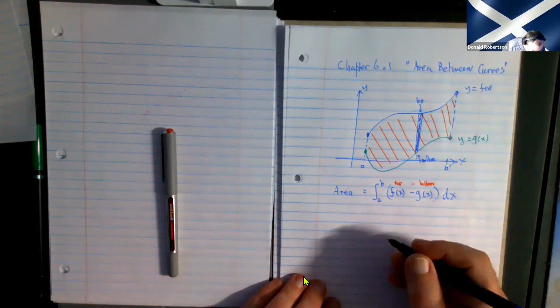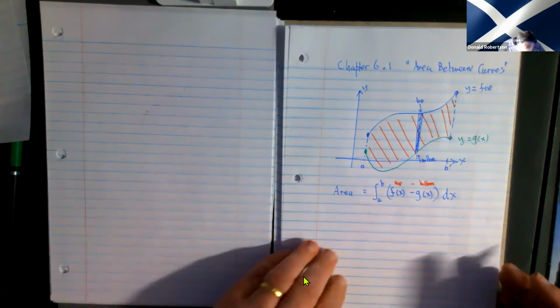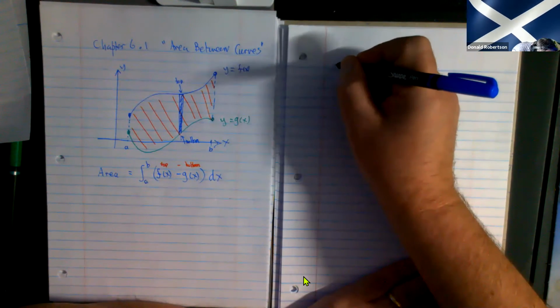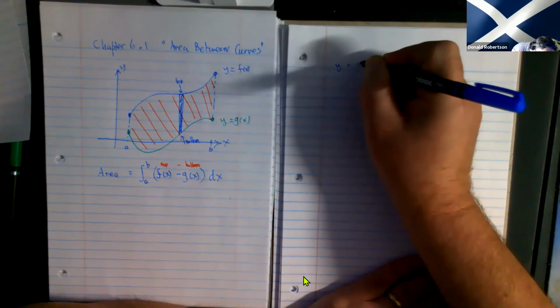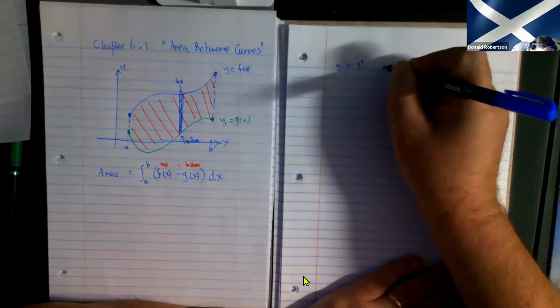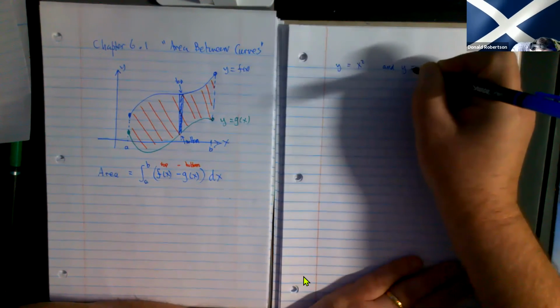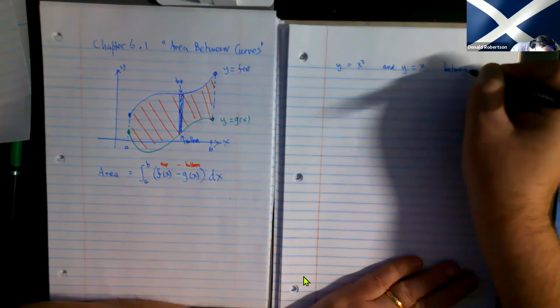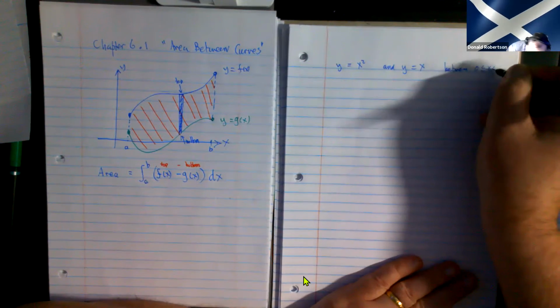So let's give you an example of that type of question. Suppose you wanted to know the area between y equals x squared and y equals x between x equals 0 and 1.